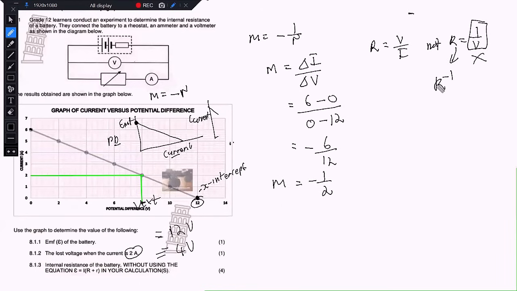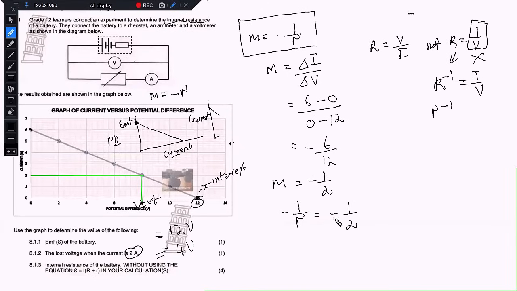It's the inverse of the resistance, meaning that if we take our resistance as the internal resistance, the gradient would have to represent the inverse of the internal resistance. So if we say our gradient here is representing the negative inverse of the internal resistance, why? Because this is a decreasing line, so it has to have a negative gradient. So this is negative 1 over r is equal to negative 1 over 2.